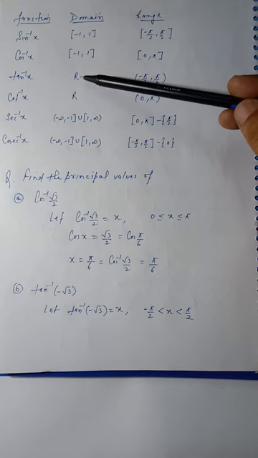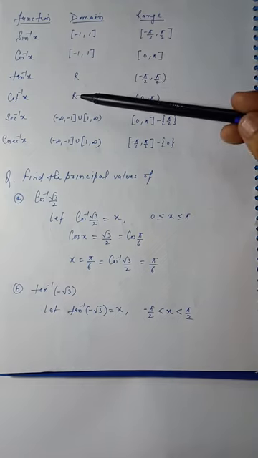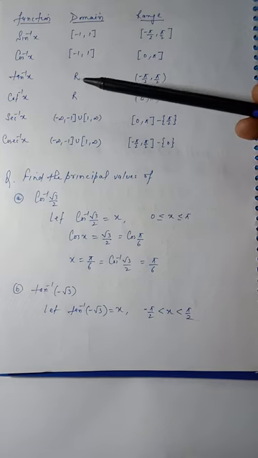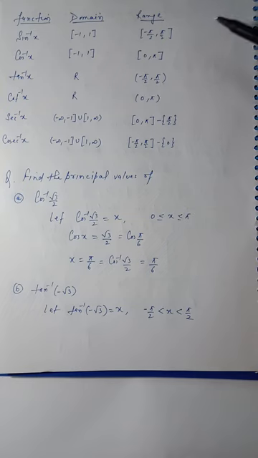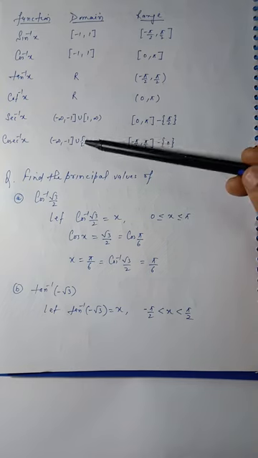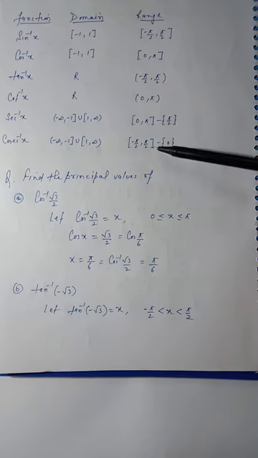So in the inverse case this becomes the domain, whereas the range will be from minus pi by 2 to plus pi by 2, open interval. In case of cot, the domain is all real numbers, range is 0 to pi, open interval. In case of sec and cosec, you may see the domain is the same, whereas the range is 0 to pi closed interval except pi by 2, and for cosec it is minus pi by 2 to plus pi by 2 except 0.